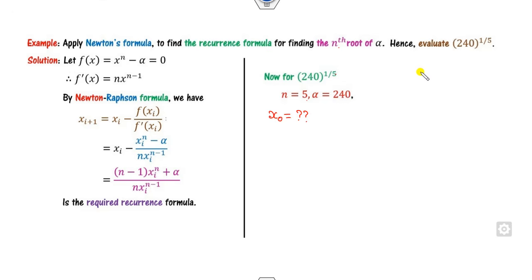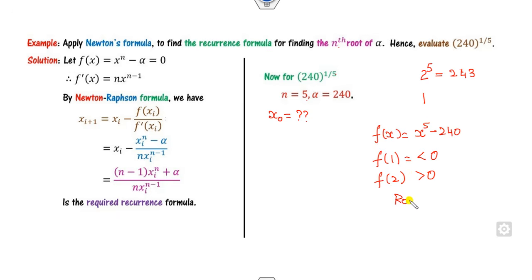First of all, you all know 2 raised to power 5 is 32. So or you can simply take f of x as x raised to power 5 minus 240. What is f of 1? It is negative. f of 2 is positive. So the root lies between 1 and 2.